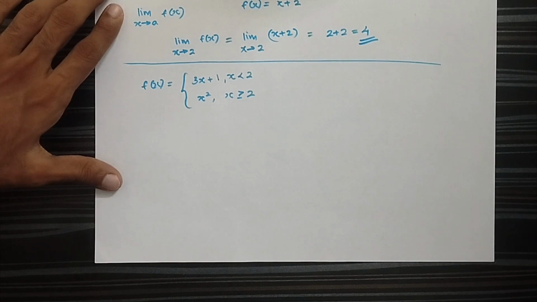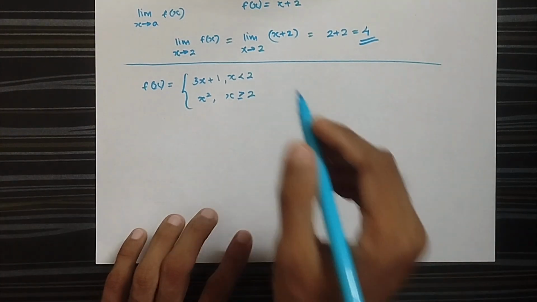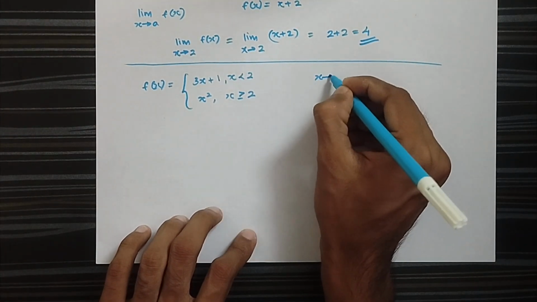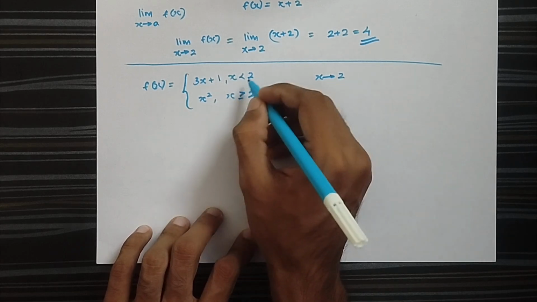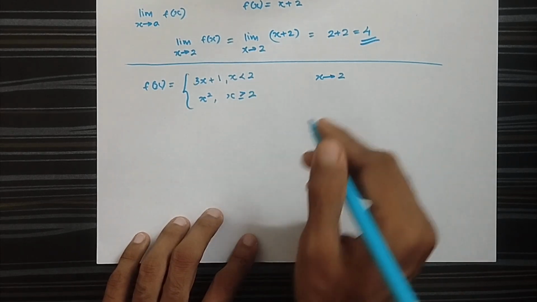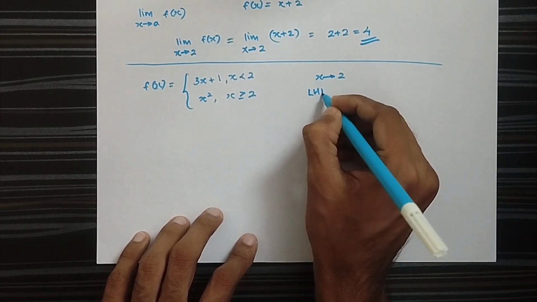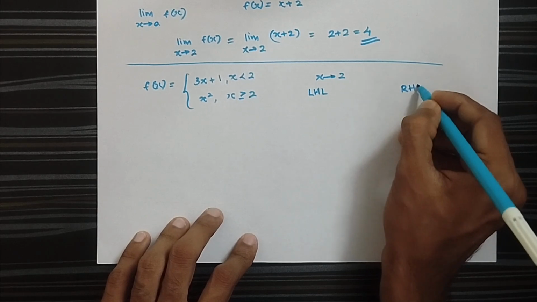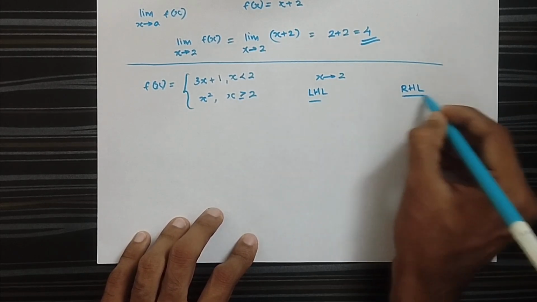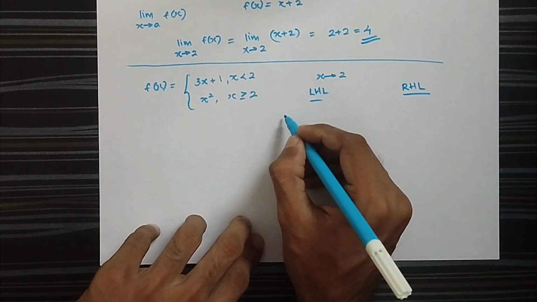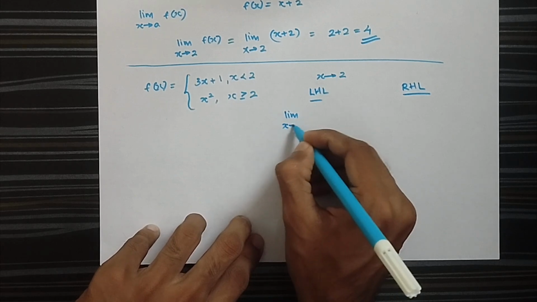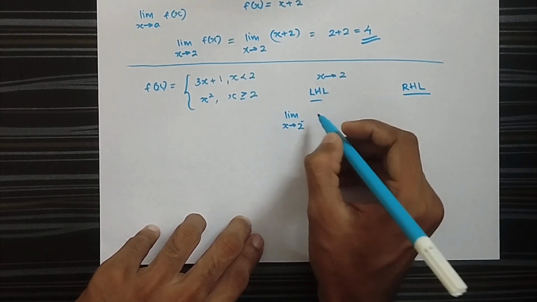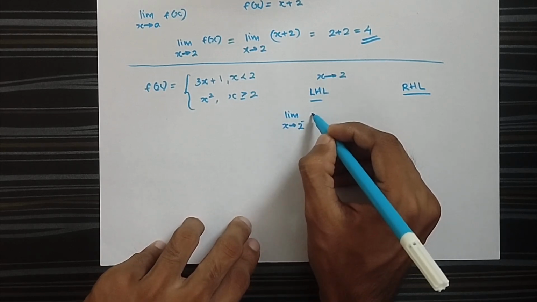But with piecewise functions we have to be very careful. Here we are taking the limit at 2, as 2 is the turning point of this function. So we need to find the LHL and the RHL of these two separately. So let's find that. Limit x tends to 2 minus for our LHL of f of x.